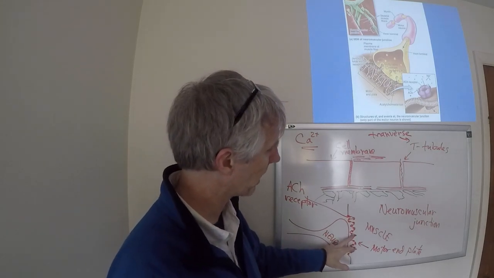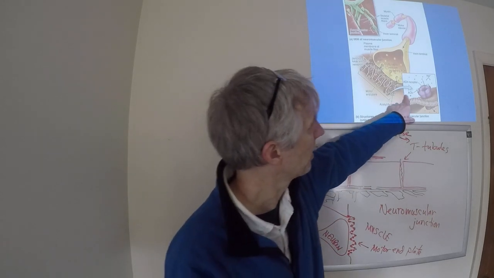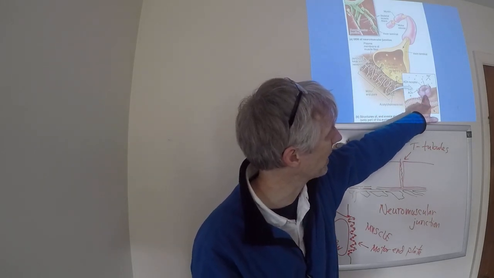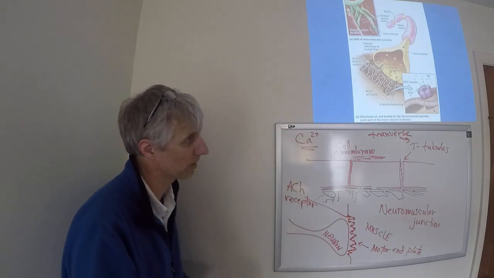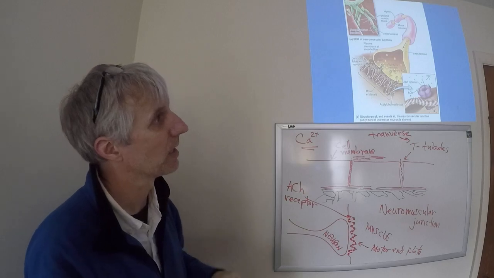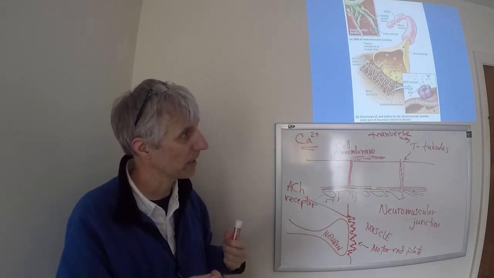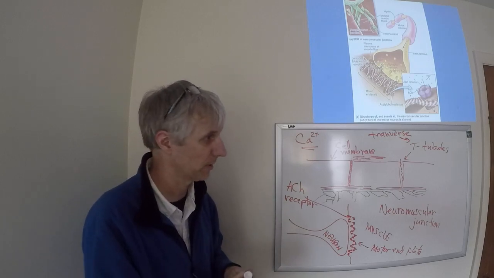The acetylcholine is then picked up by the acetylcholine receptors. There's the acetylcholine binding to an acetylcholine receptor. In this particular situation, the acetylcholine receptor is basically an ion channel receptor.